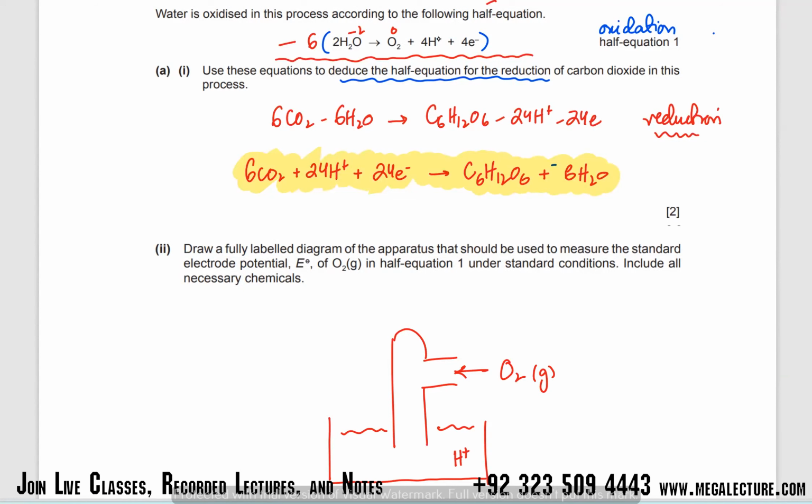So H plus 1 aqueous, 1 mole per dm cube, and water is obviously there. You would need a platinum electrode. So your electrode is going to be made out of platinum.